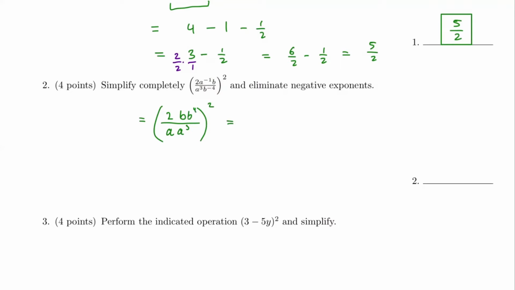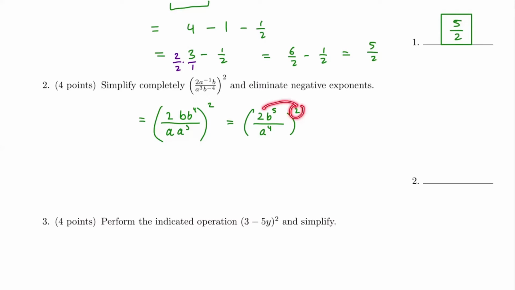Now I combine by using laws of exponents. These I'll combine, and these I'll combine. So you'll have everything again to the second power. You have 2, B, you add the exponents, this is 5, and A's, again, you add the exponents, you get A to the 4th power. Okay, now we can again use the laws of exponents to take care of this power.